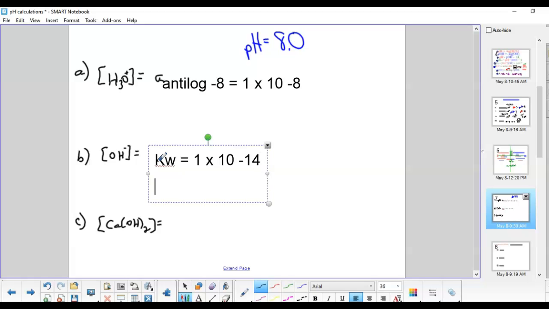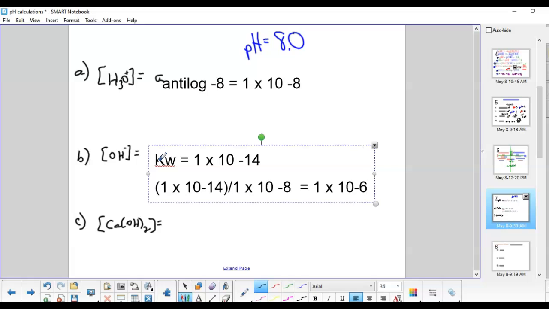And then I can say, well, 1 times 10 to the minus 14 divided by 1 times 10 to the minus 8, and then that should equal 1 times 10 to the minus 6. Again, these are all going to have concentration values of molarity. We know their concentrations because they're in brackets.